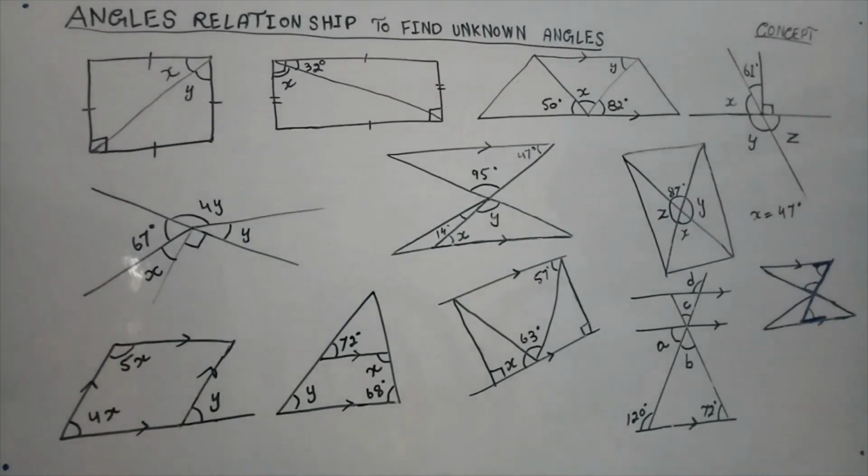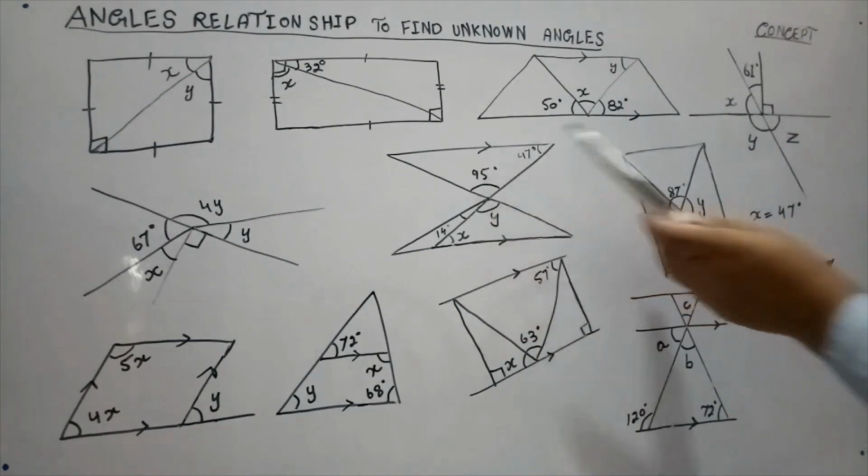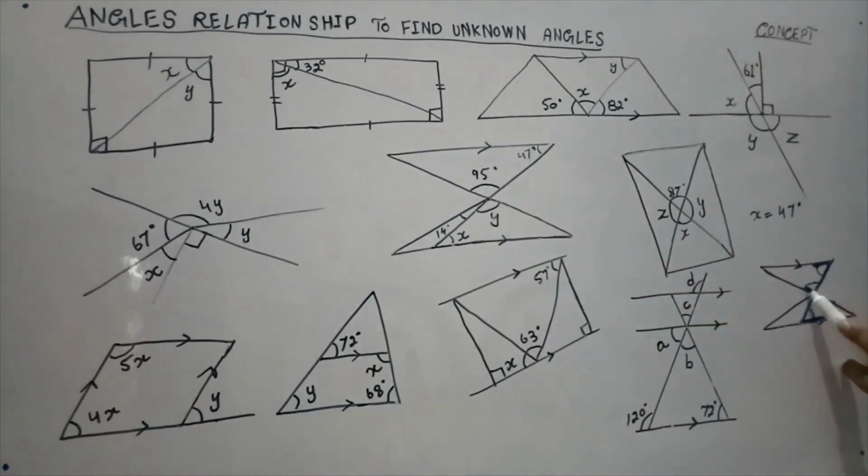Now this angle is equal to 95 degrees, this angle. This angle is 95 degrees, and vertically opposite angle says that opposite angles are equal.